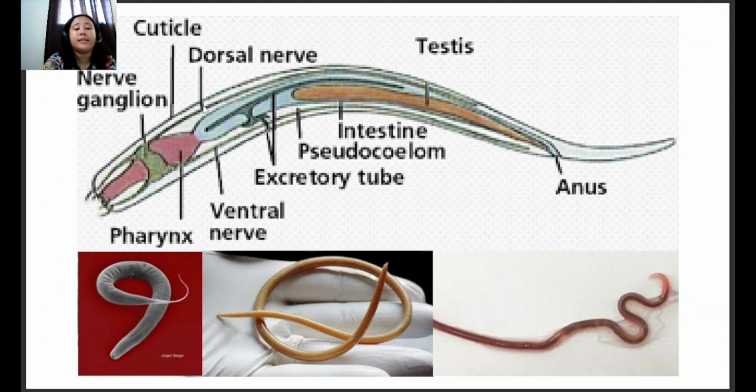This is the dorsal nerve, and this black or green tube is the excretory tube, and this one is the pseudocoelom, and the brown one is its intestine, and in the intestine are its testes. Then connected to the intestine is the anus.